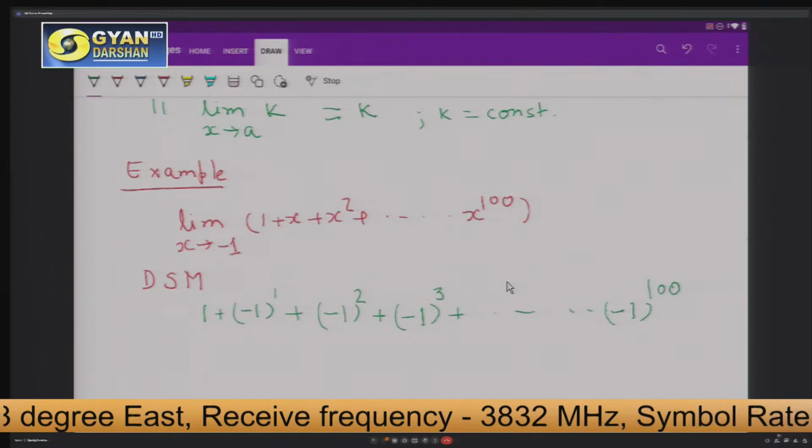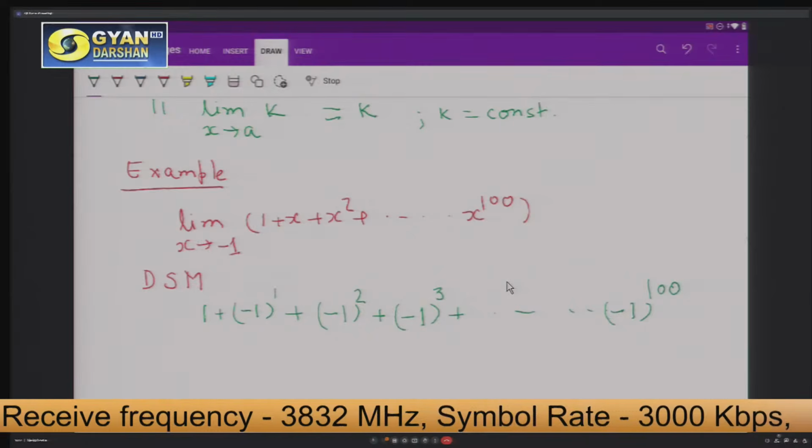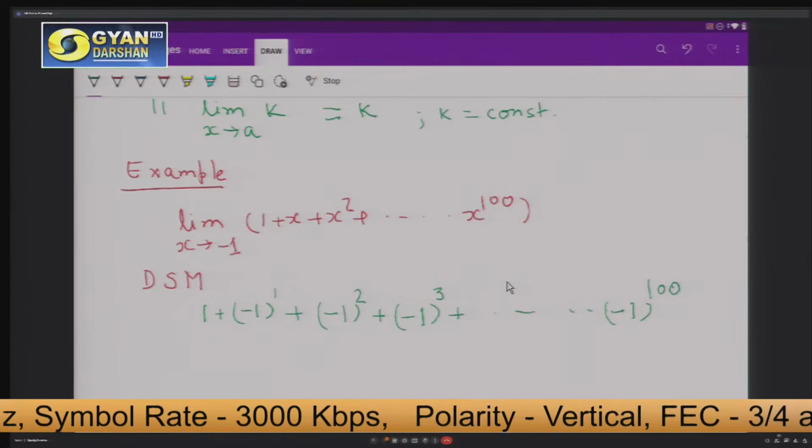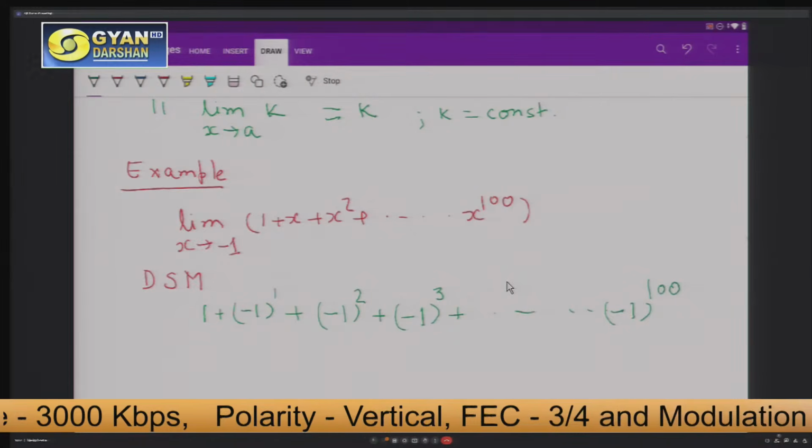As you know, for even powers this will become +1, and for odd powers it will be -1.